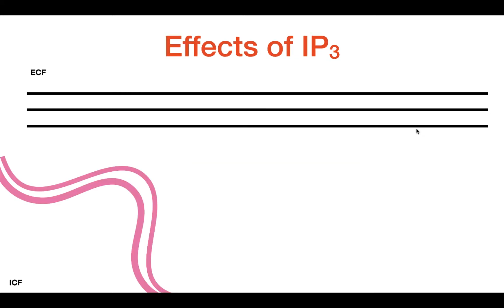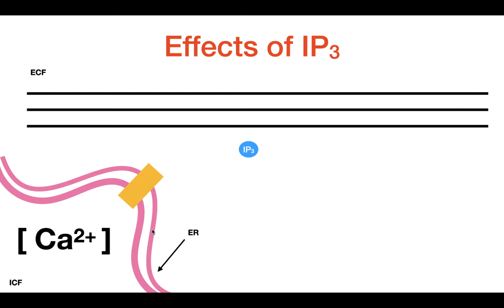So let's look at IP3 first. So we have our IP3, and the IP3 is actually going to go to a specific cellular structure, the endoplasmic reticulum. Now, the endoplasmic reticulum has a specific receptor called the IP3 receptor. And inside the endoplasmic reticulum, you have a ton of calcium.